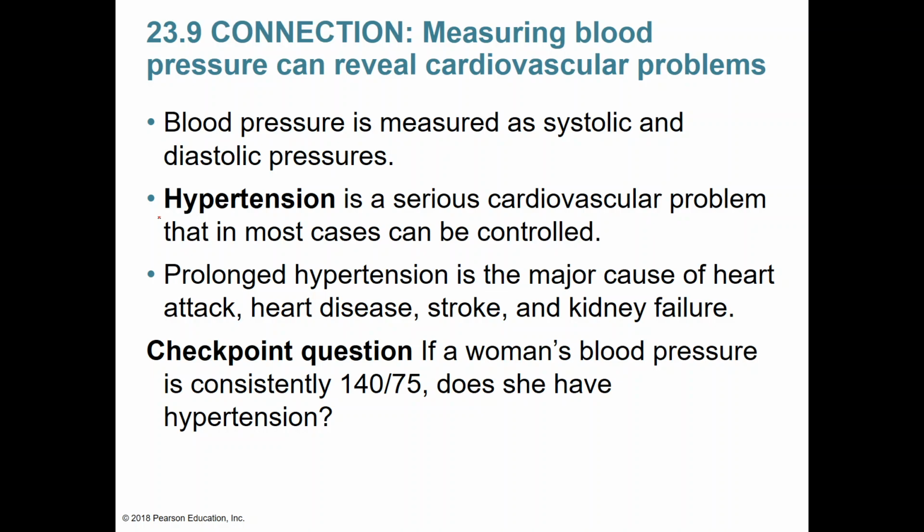Hypertension is also referred to as high blood pressure. This is a serious cardiovascular problem, and it can be controlled through diet and exercise and often medication. But if you have it and don't treat it and don't pay attention to it, it can cause major catastrophic events like heart attack, heart disease and strokes.